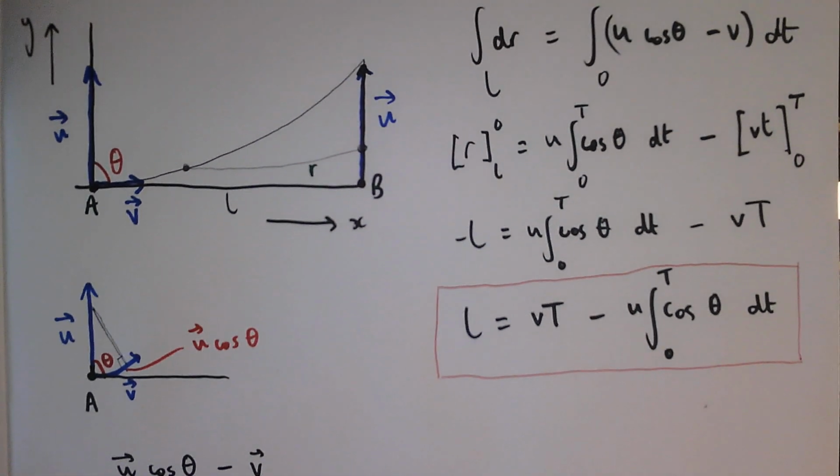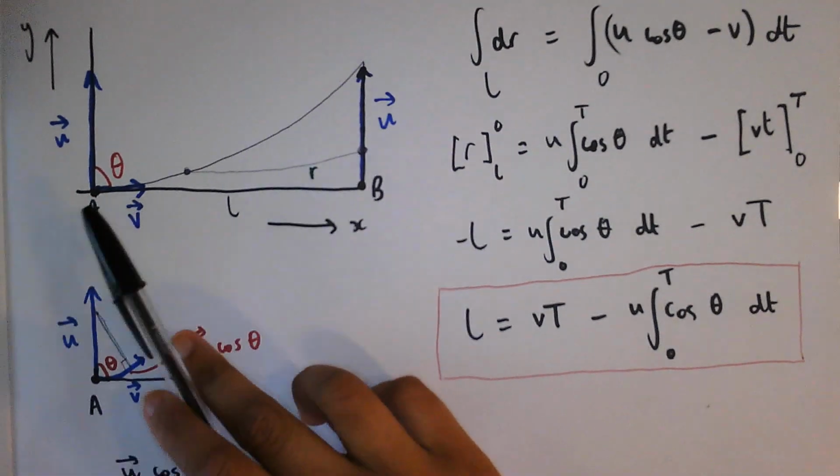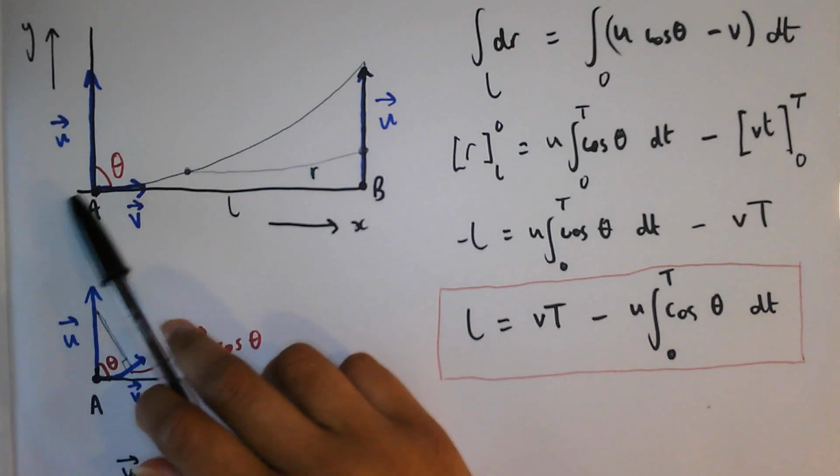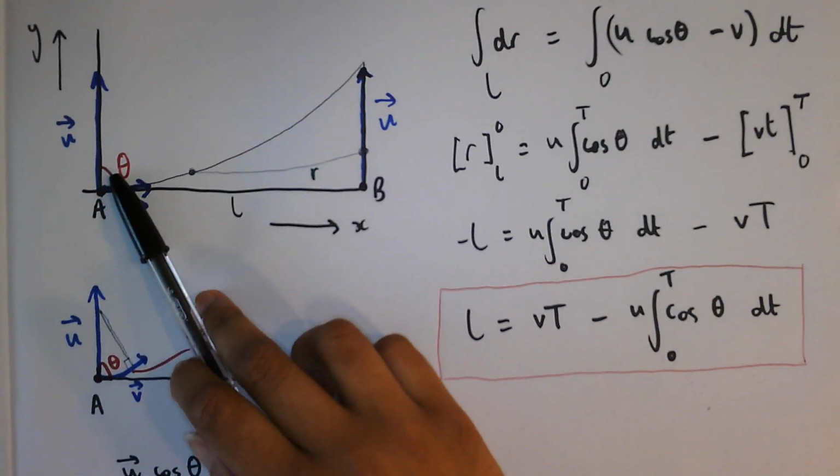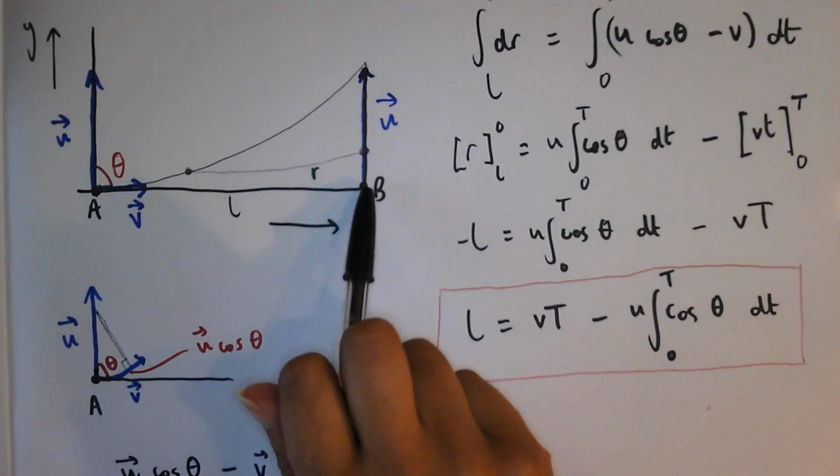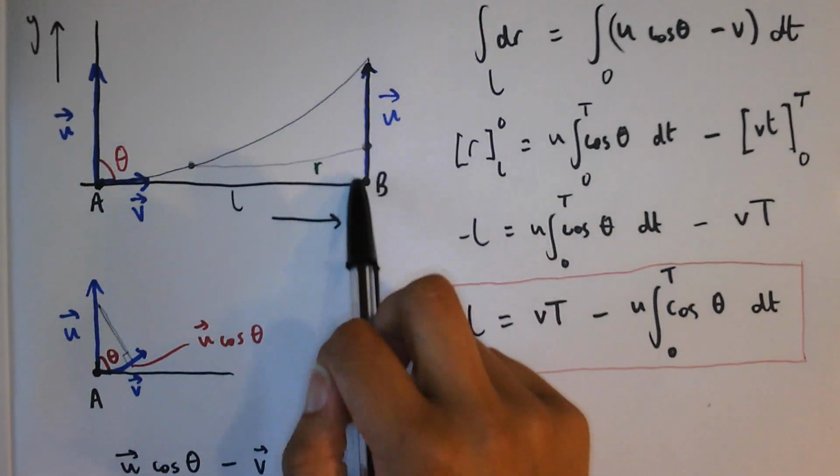However, we do know that when the 2 points eventually collide, the distance travelled by point A in the direction of u, so in the y direction, is going to be equal to the distance travelled by B in the y direction.